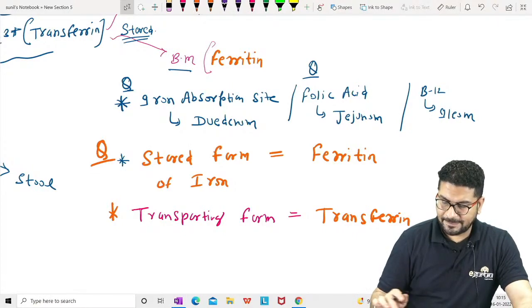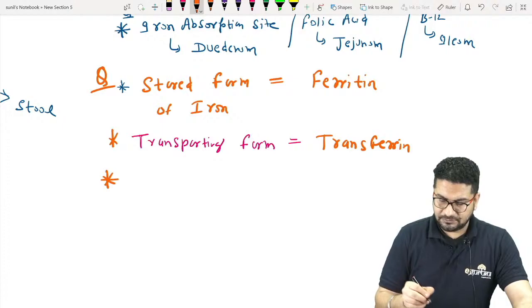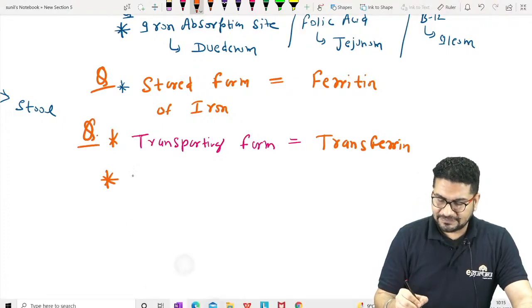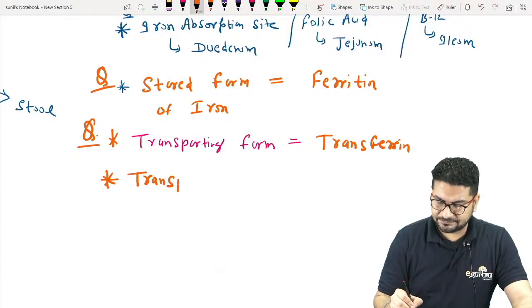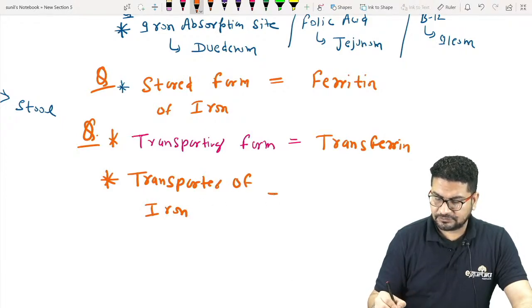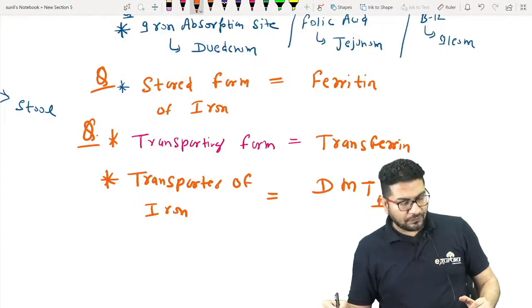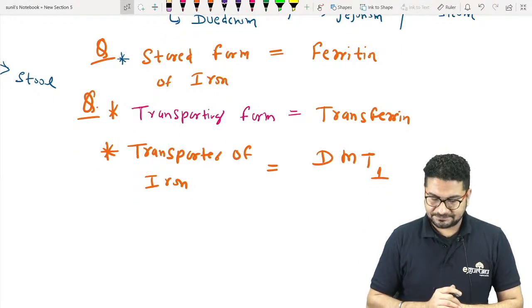And one more MCQ: stored form is ferritin, transporting form is transferrin, and if I say the transporter for iron into enterocyte, the name of the transporter, I told you it is DMT1, divalent metal transporter. The transporter of iron into enterocyte is DMT1, right?